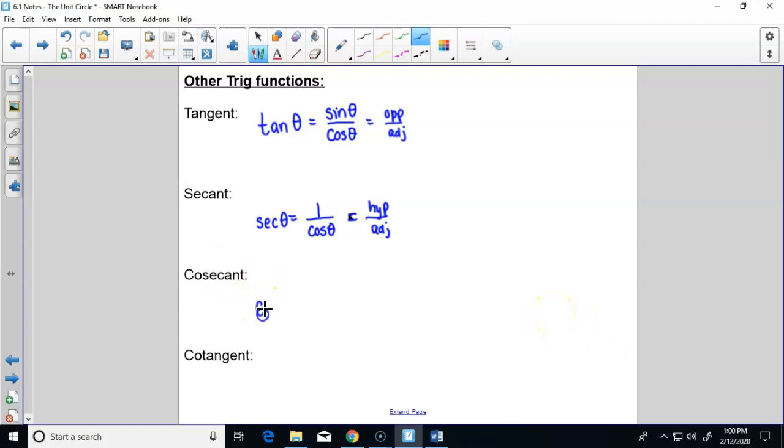Cosecant is CSC. So cosecant of theta is 1 over sine of theta. And cotangent of theta, which, look at that, that's hypotenuse over opposite.